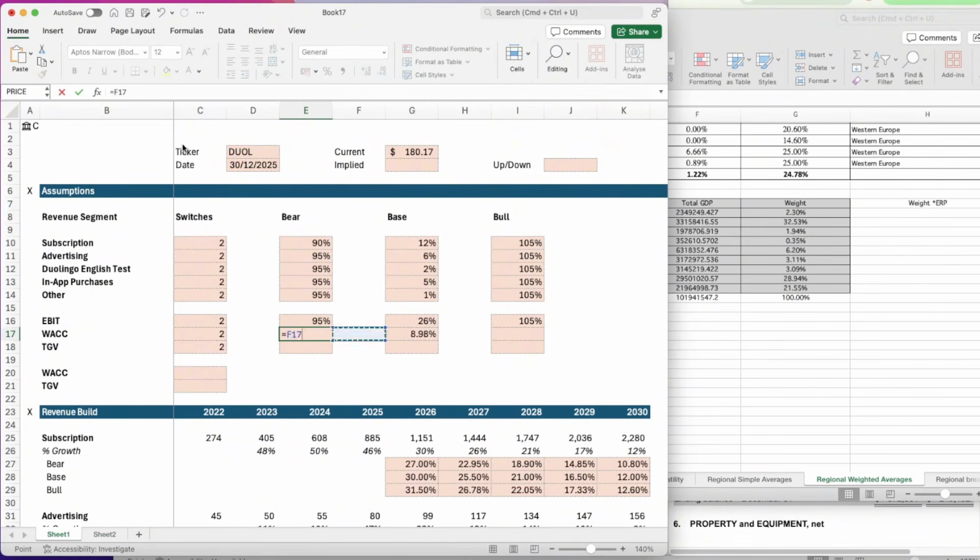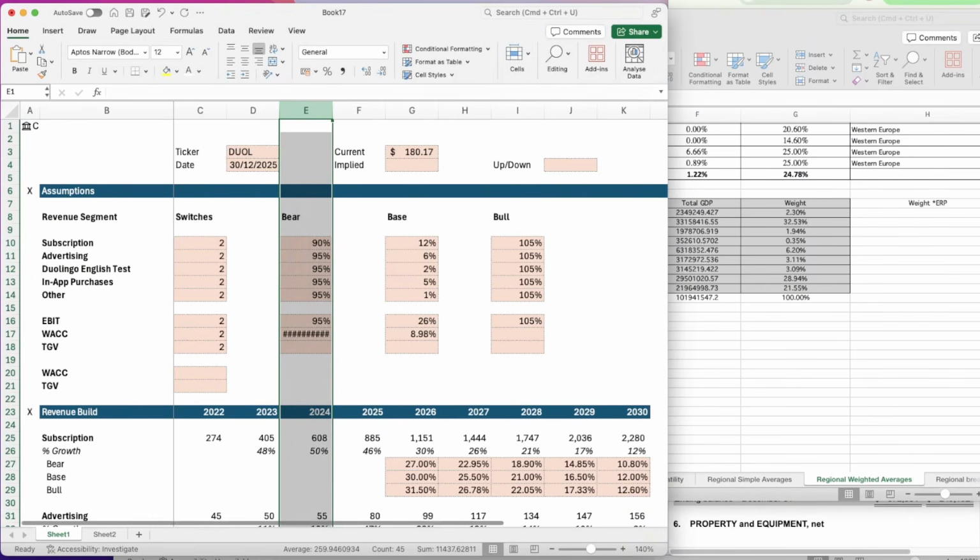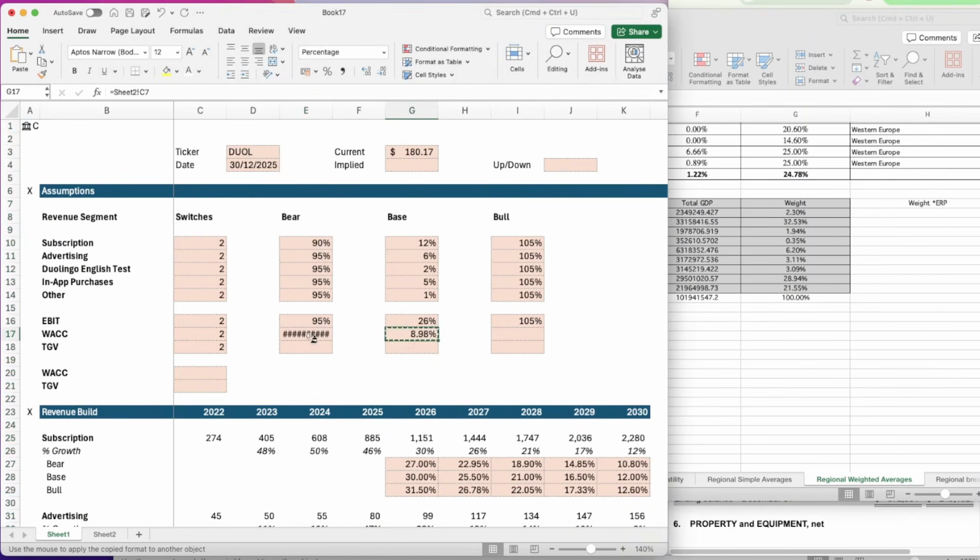For the bear case, we add 0.5% to the WACC. And the same for the bull, but we just minus 0.5%.